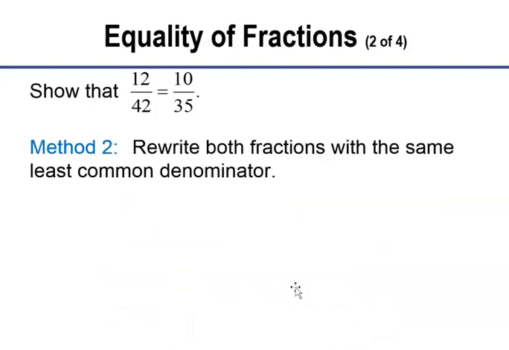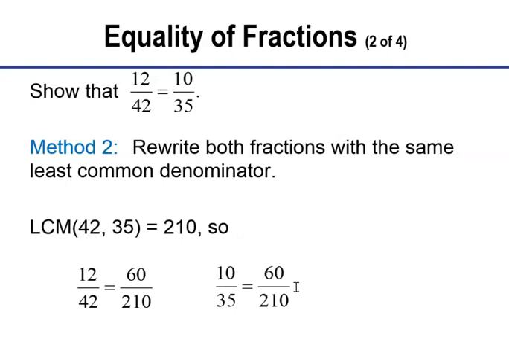But there's another method. You can rewrite both fractions with the same least common denominator. That's a method that I mentioned just a minute ago. So the common denominator for 42 and 35, you could use 210, that is the least common denominator, and rewrite like that very first problem we did.